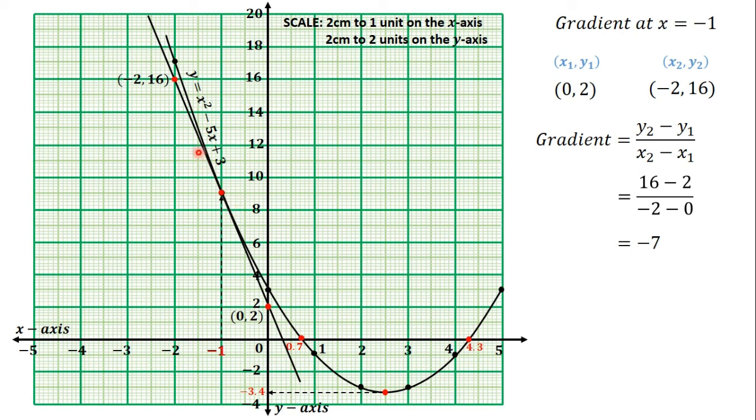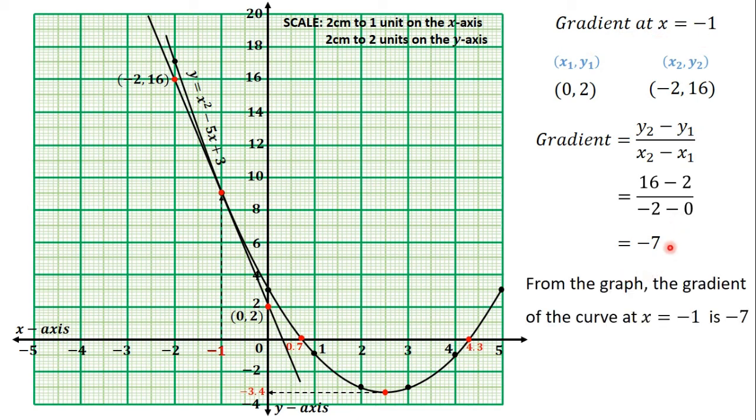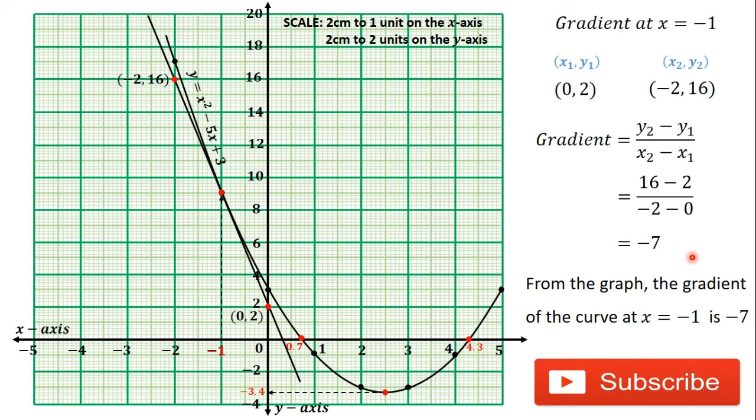So the gradient of the tangent to the curve at the point x is equal to -1 is the same as the gradient of the function at the point x is equal to -1. So we can say that from the graph, the gradient of the curve at the point x is equal to -1 is -7.